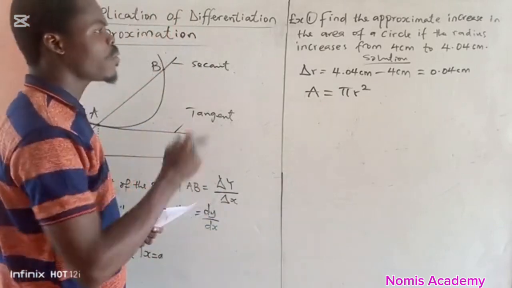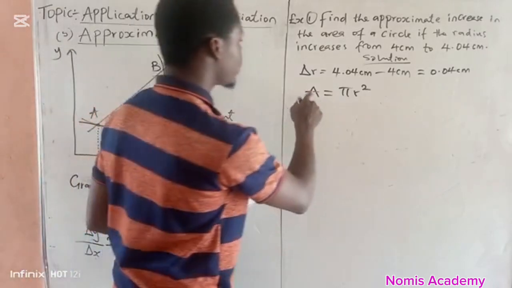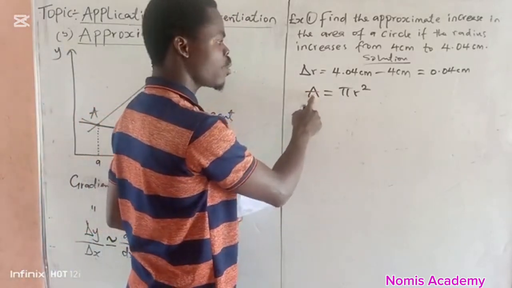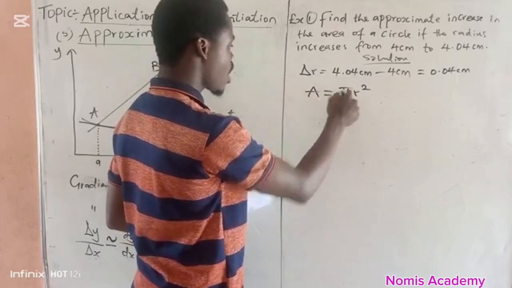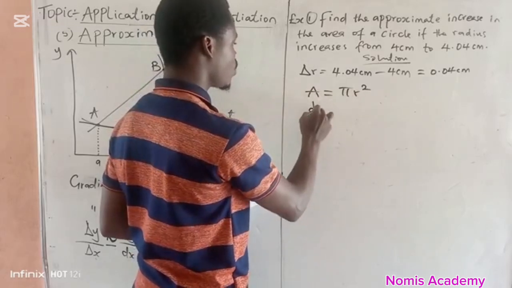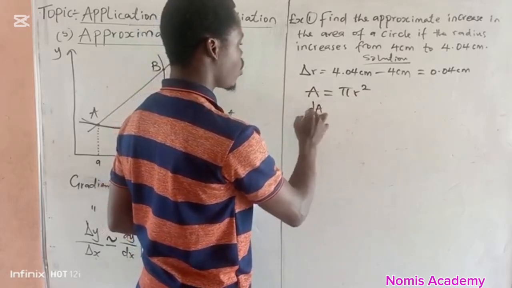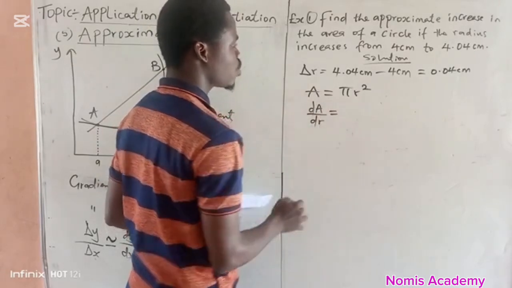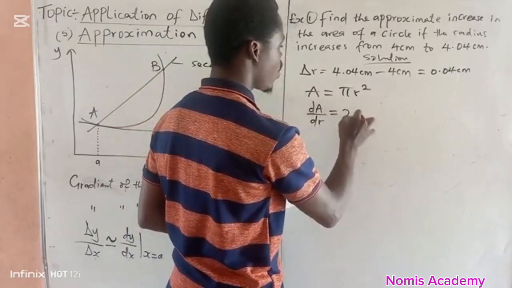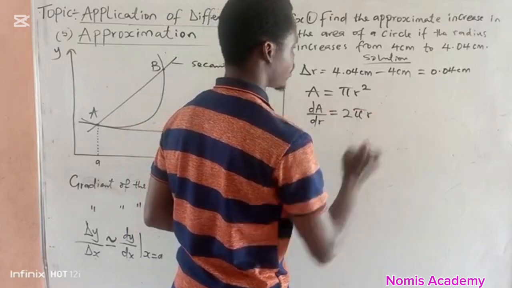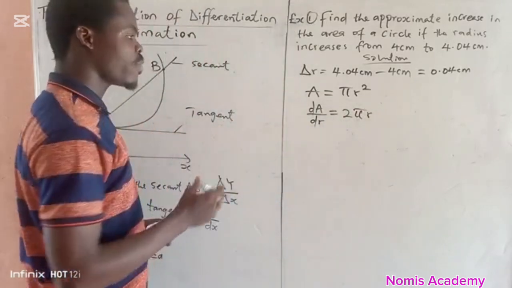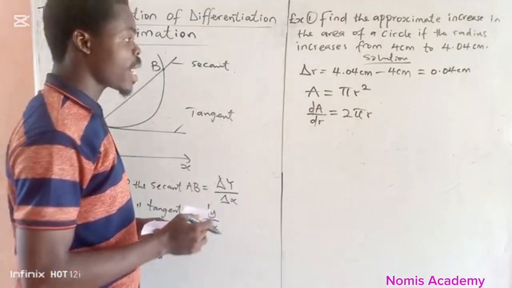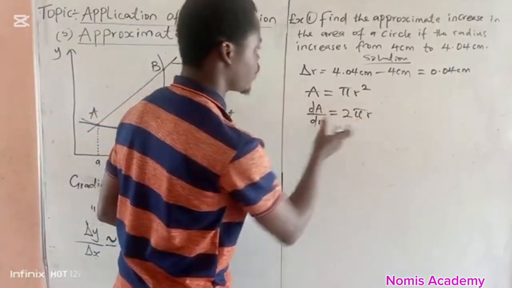To go further, we can differentiate A with respect to r, and that will be dA over dr, which is equal to 2 pi r. That's the derivative.